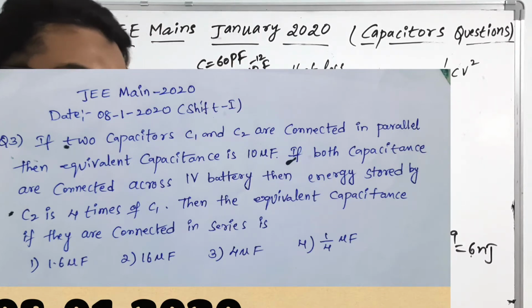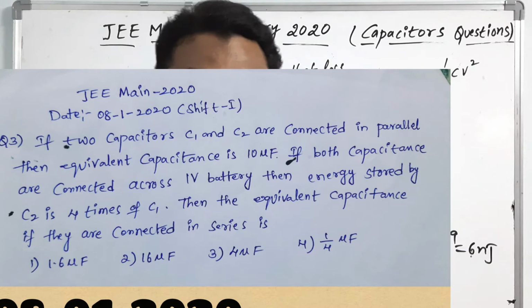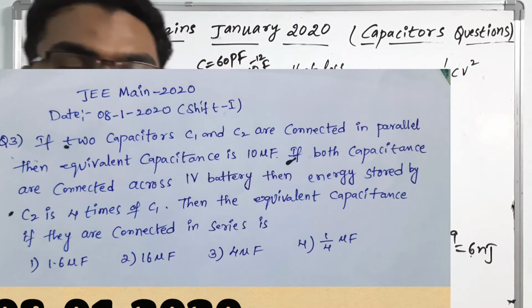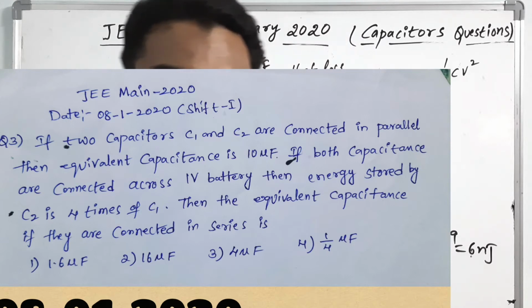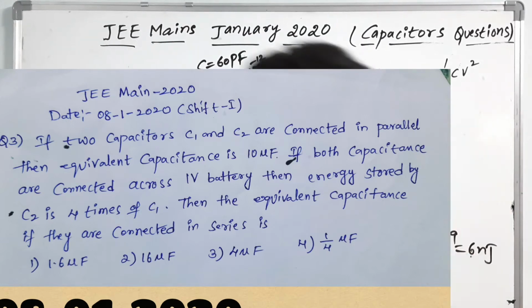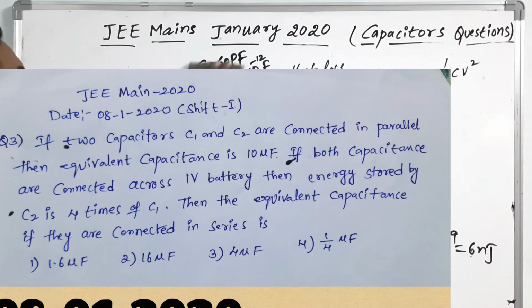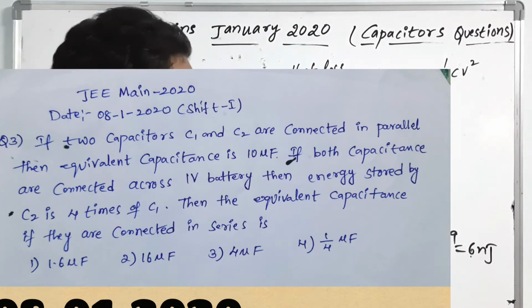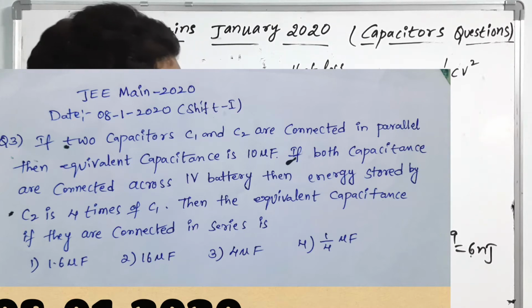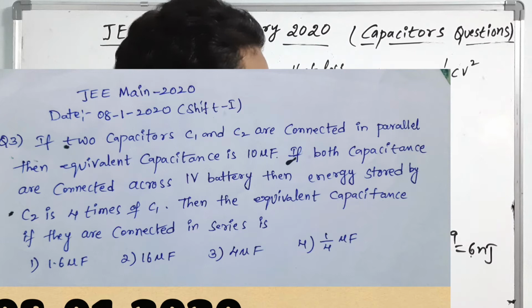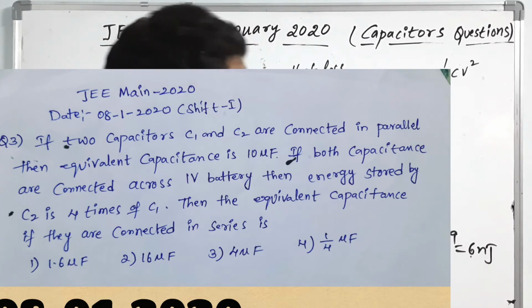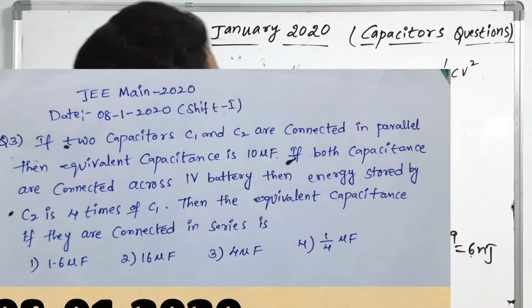Shift 1 question. If two capacitors C1 and C2 are connected in parallel, then the equivalent capacitance is 10 microfarad. If both capacitors are connected across a 1 volt battery, then the energy stored by C2 is 4 times that of C1.